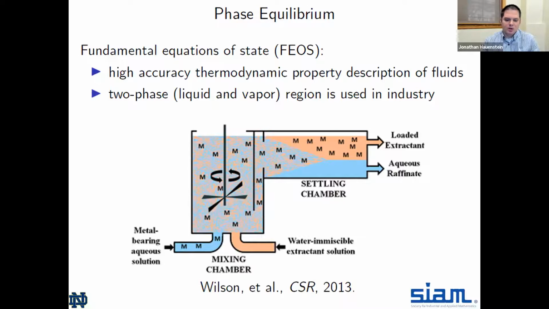You put something in, you mix it, you get it to be in equilibrium, and then the gas will come off the top, the liquid will come off the bottom. So you can separate things in industry using this two-phase equilibrium. Mathematically, these are described by fundamental equations of state, which are highly accurate equations that describe this thermodynamic property.